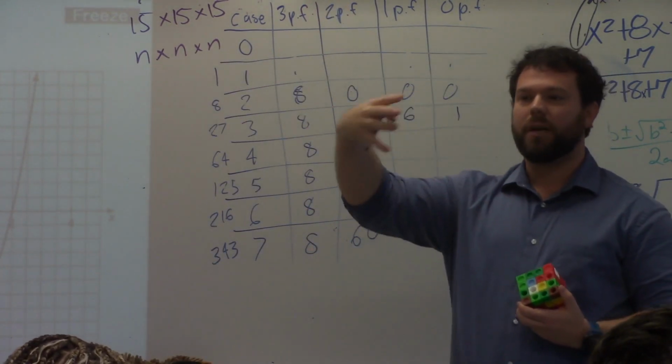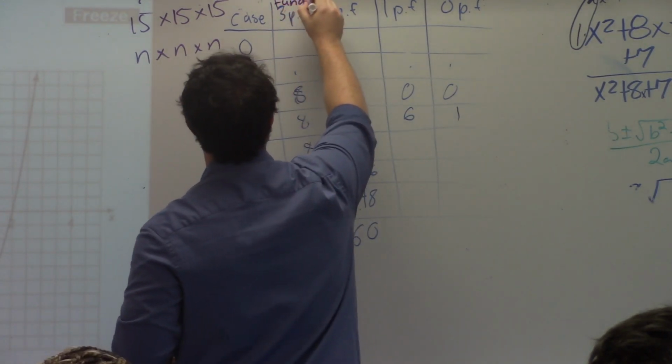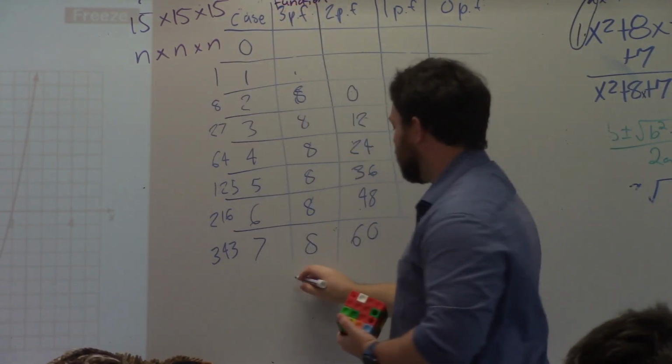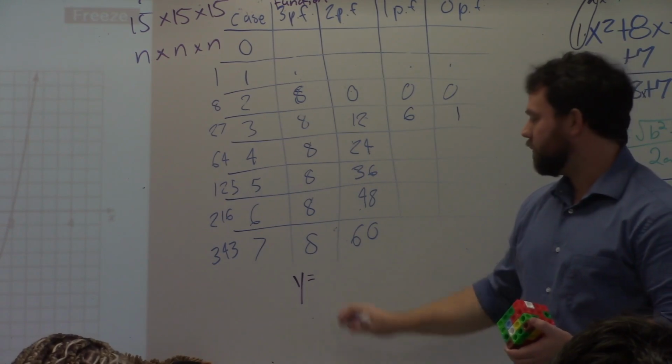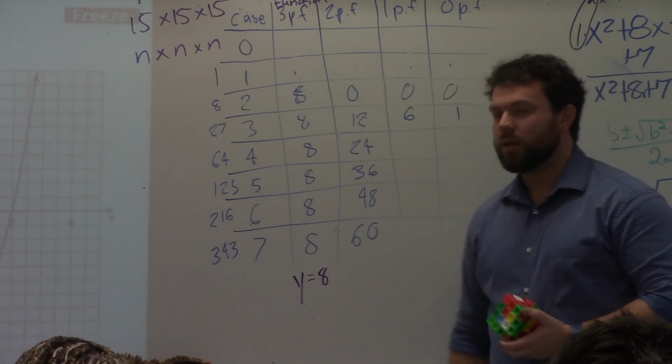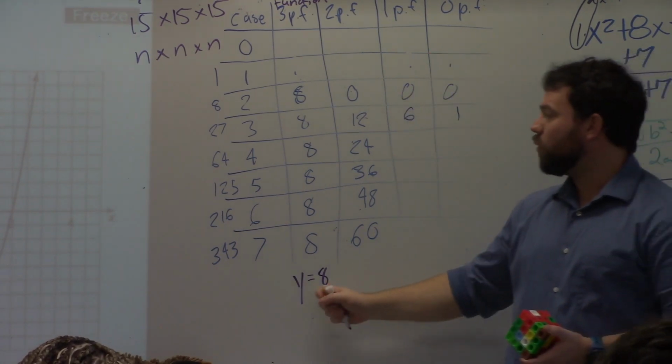We multiply them. It's a constant function. Remember, the entire function stays the same. No matter what size cube, y is going to equal what? 8, right? So the number of cubes with 3 painted faces is always 8.